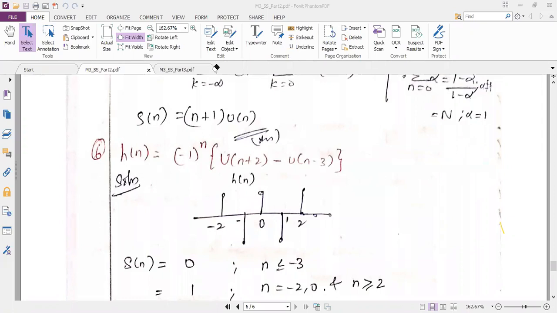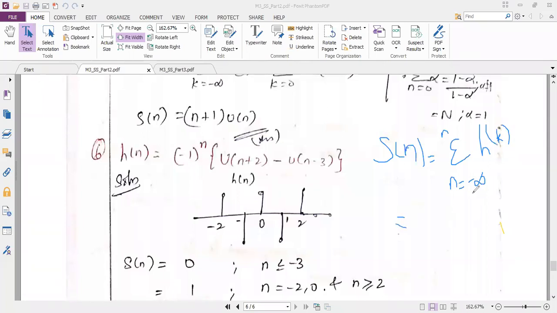So since it is discrete, let me try to apply the formula. S of n is equal to summation, k is equal to minus infinity to n, h of k.